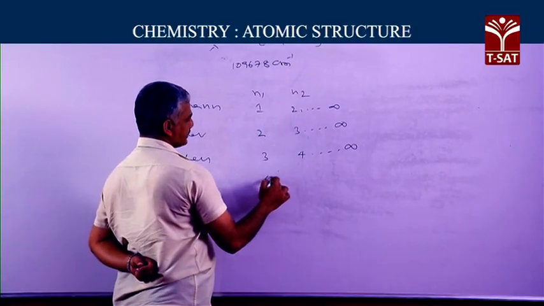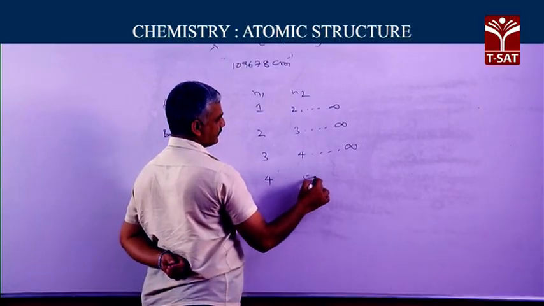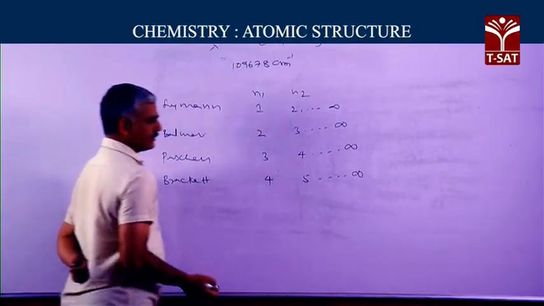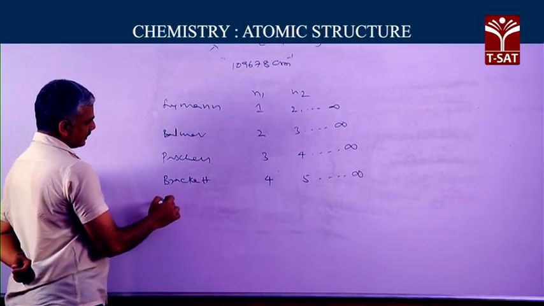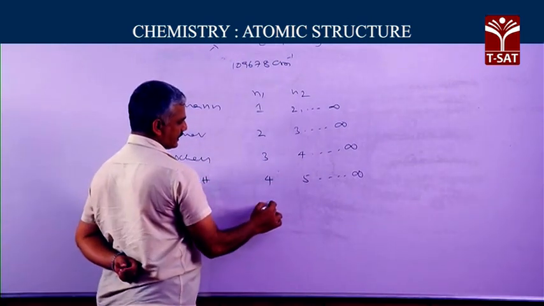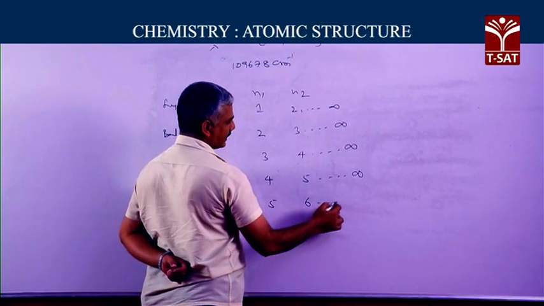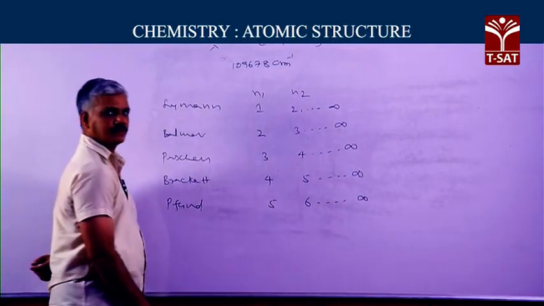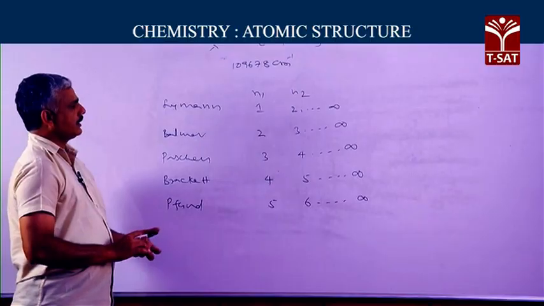For Brackett series, n1 is taken as 4, n2 from 5 to infinity. For Pfund series, n1 is taken as 5 and n2 values are taken from 6 to infinity, right?